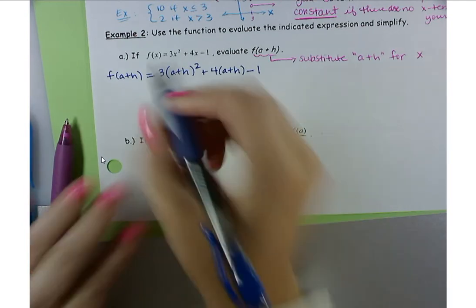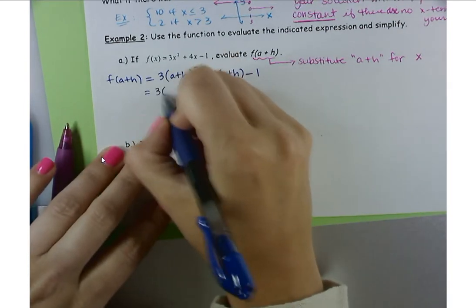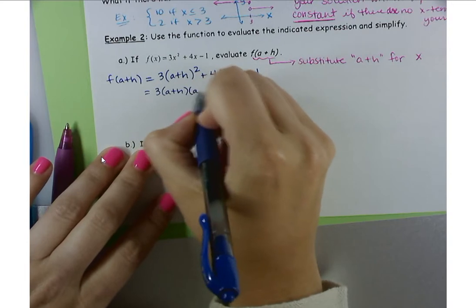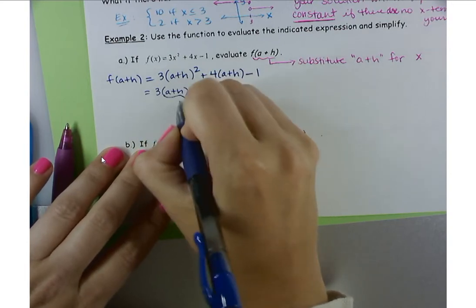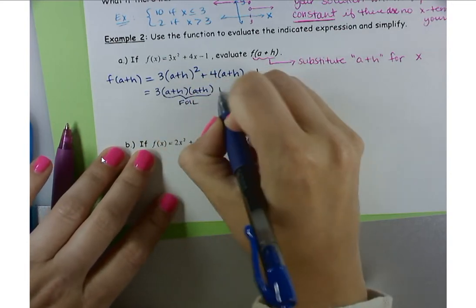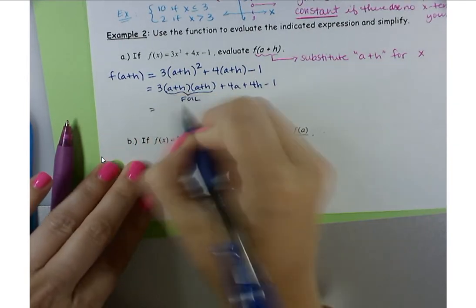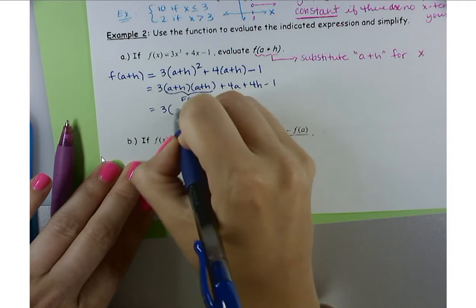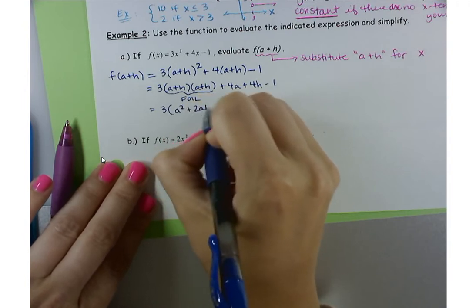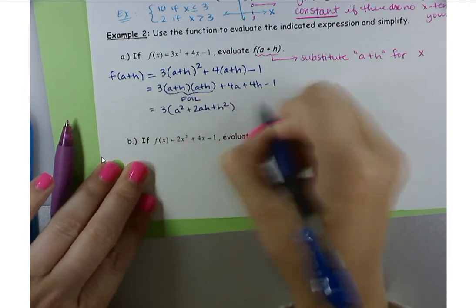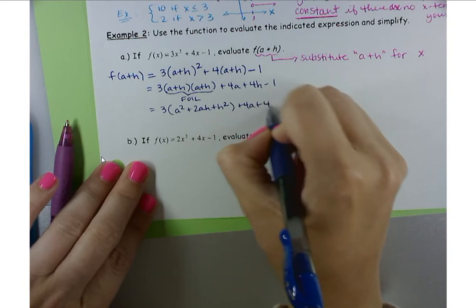Okay, so I like to write it out at this part so you guys remember that, hey, I have to FOIL. I'm going to distribute the 4. So this will be 3. When I FOIL, I have a squared plus 2ah plus h squared plus 4a plus 4h minus 1.